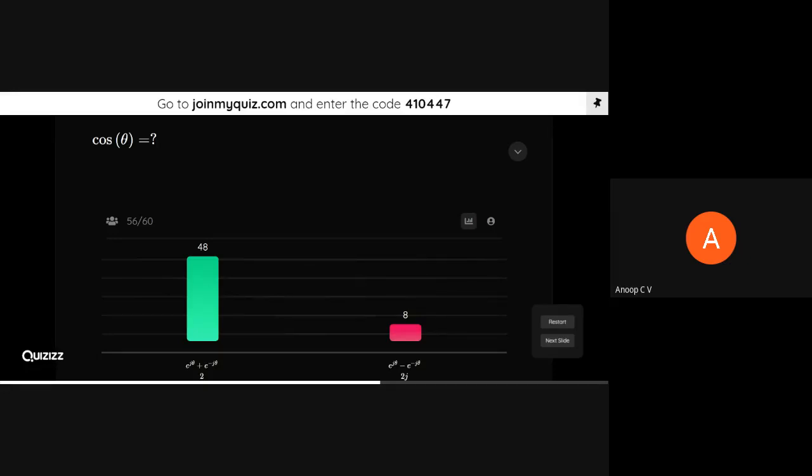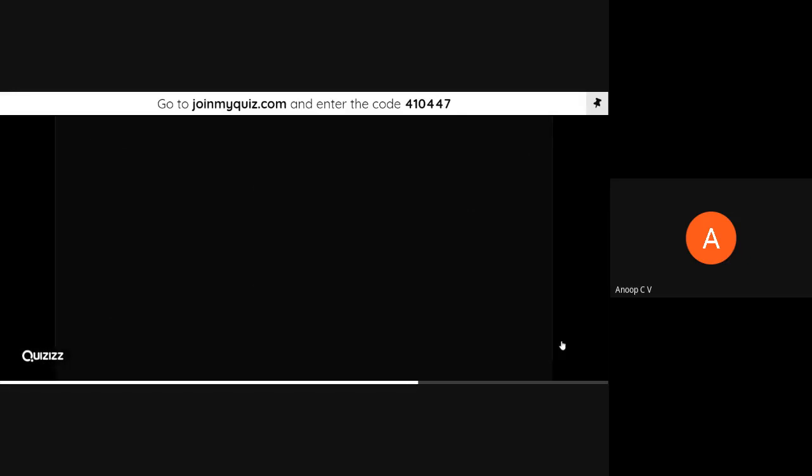To get the imaginary part, we subtract the conjugate of the complex number from the complex number and divide by twice j. I'm happy that 48 of you have given the correct answer. Now we'll move on to the next aspect.